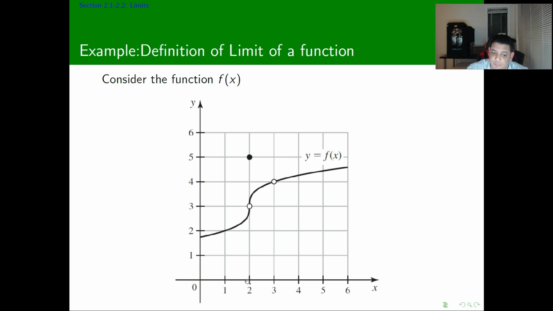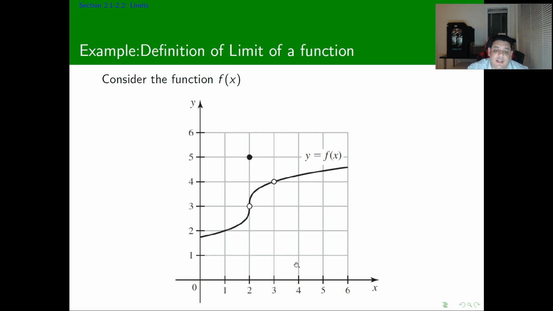If you move from the right side as well, you can see that those numbers in the function are approaching 3. So in this scenario, the limit as x goes to 2 of f of x is 3, although f of 2 is 5.